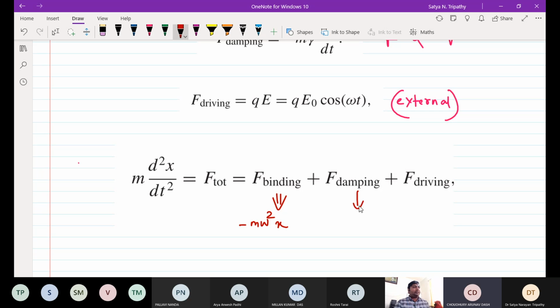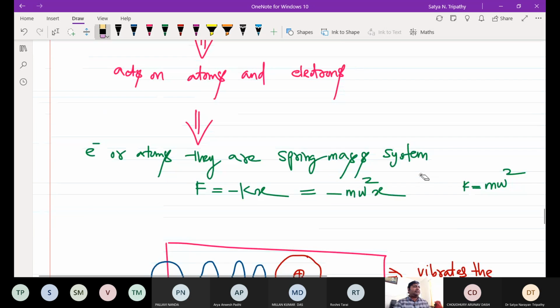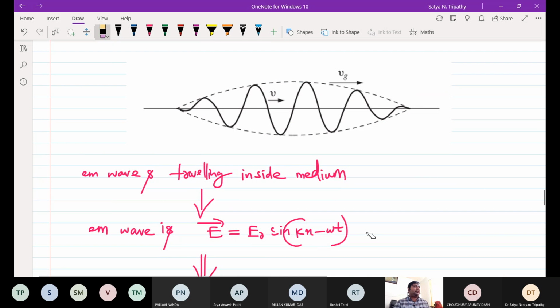We wrote that force q e naught sine omega t minus kx, right? This is there. It is the external force, so the external force is the driving force, right? It is like a forced vibration. Suppose you are a volleyball player, they often put the ball on the ground and slap it. Right? So that is the external force, because this is a periodic force.